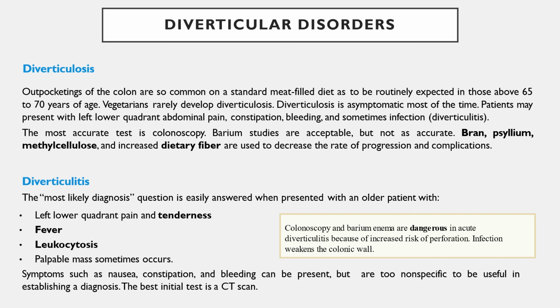Diverticulitis is the most likely diagnosis question when it is very easy to answer when presented in an older patient with the following: left lower quadrant pain and tenderness, fevers, leukocytosis, and palpable mass sometimes.